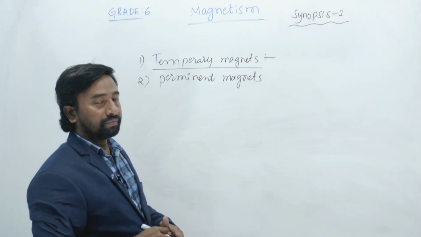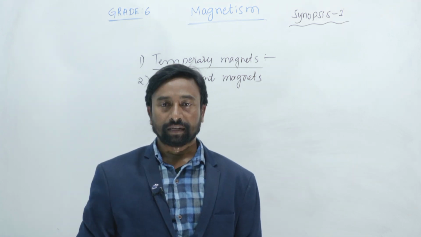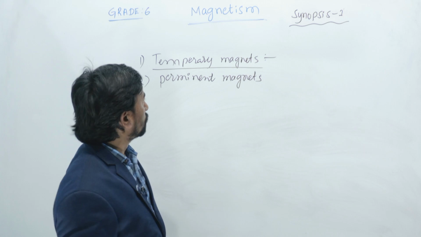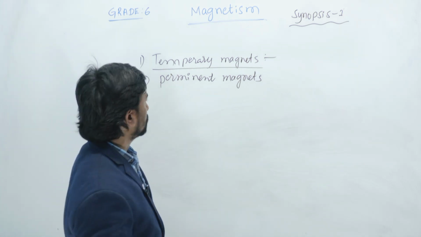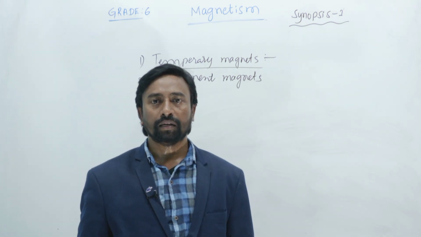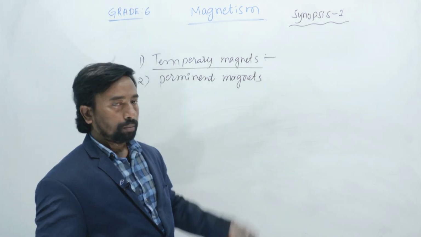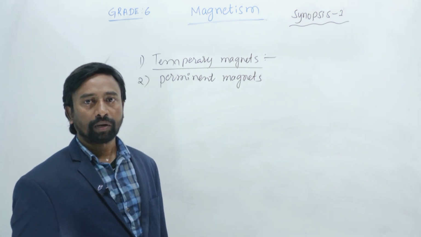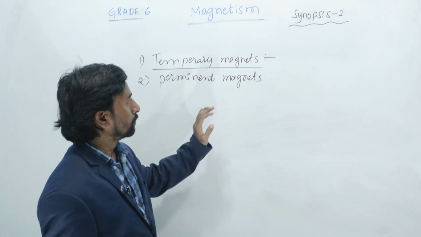The magnets in which the magnetic property is lost in a short time are known as temporary magnets. And a permanent magnet means once a magnetic material is made into a magnet, the magnetic property in it is permanent. They are known as permanent magnets.